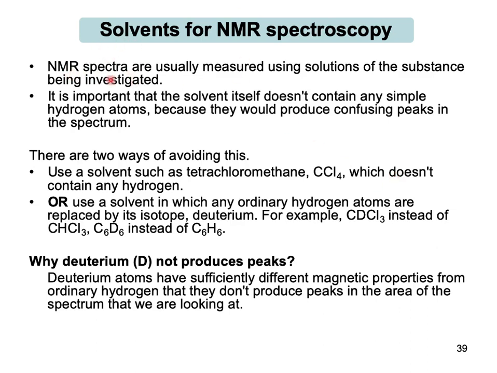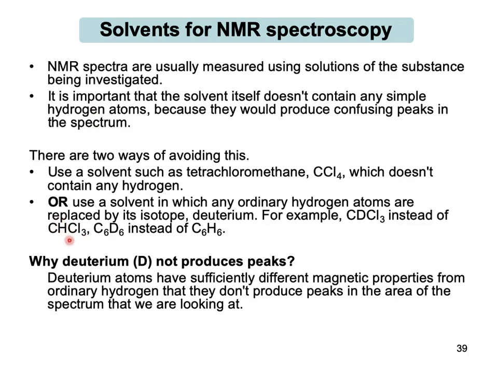NMR spectra are usually measured using a solution of the substance being investigated. So it is important that the solvent itself does not contain any hydrogen. For example, chloroform is CHCl3, right?